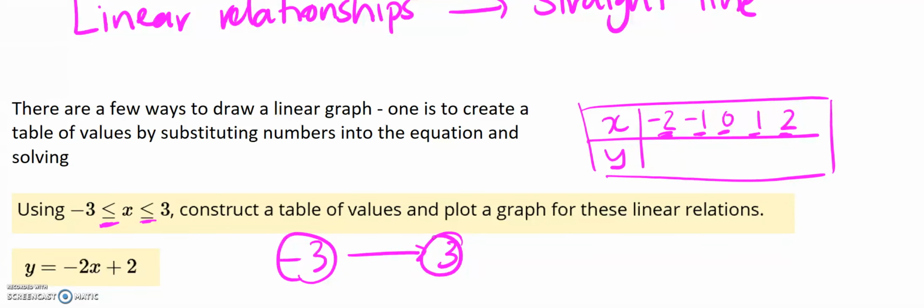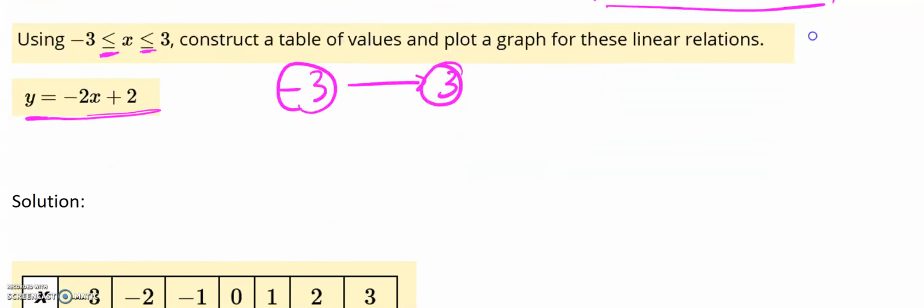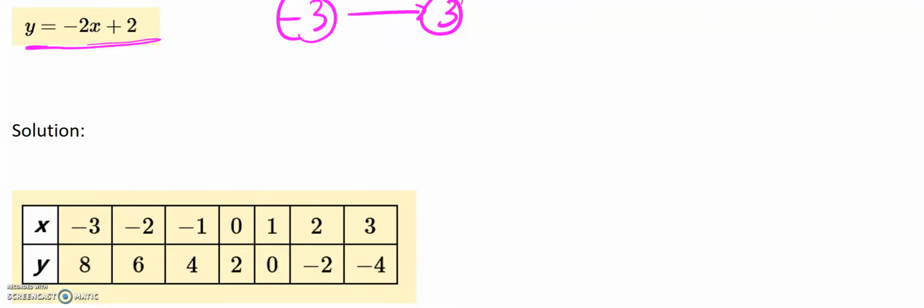So what we need to do is construct a table of values and plot a graph for these linear relations. The relationship is given by this equation. Okay, so what you would do is take the values of -3 right up to 3. So -3, -2, -1, 0, 1, 2, and 3. And you construct a table of values.